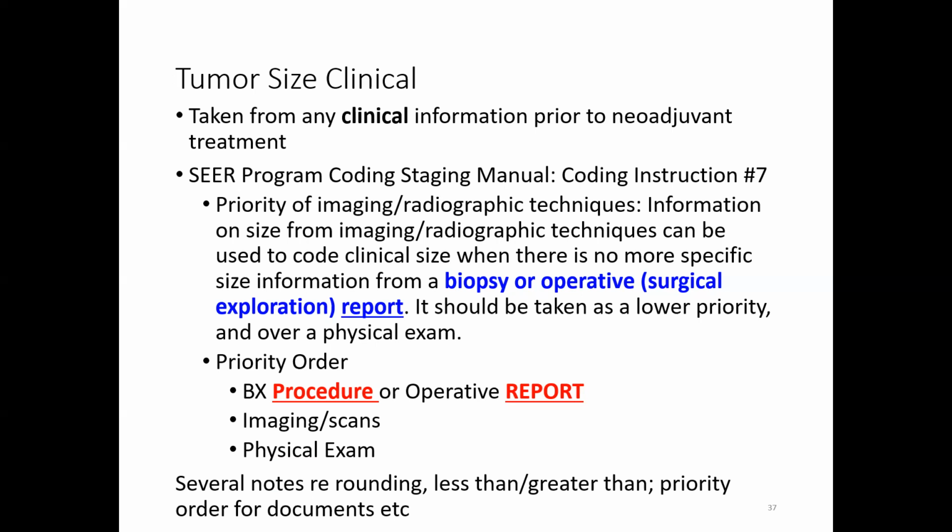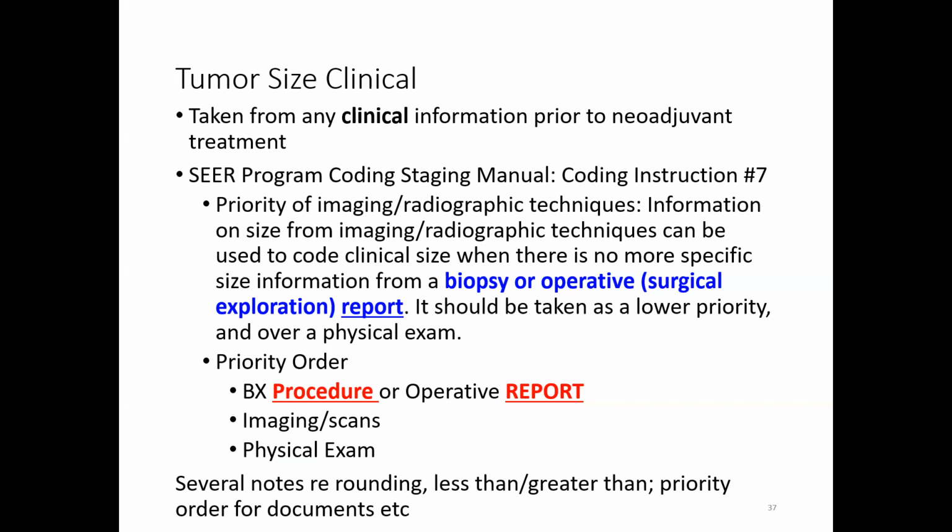So you can use the biopsy procedure or the op report, not using a path report, especially for a core biopsy. So there are several notes about rounding this size, less than or greater than, the priority order for where to take this information from.